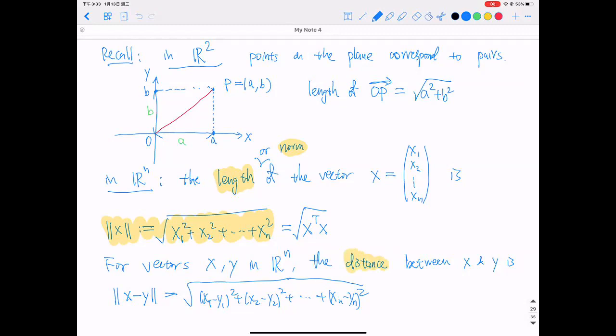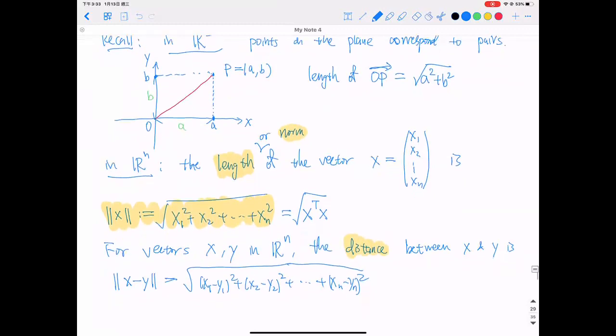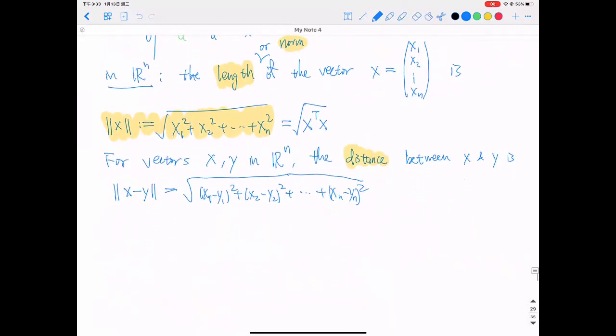Now, for example, let's say you have two vectors in R3. Let's give them names.